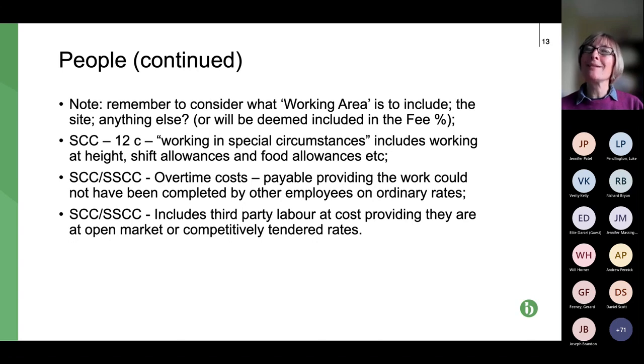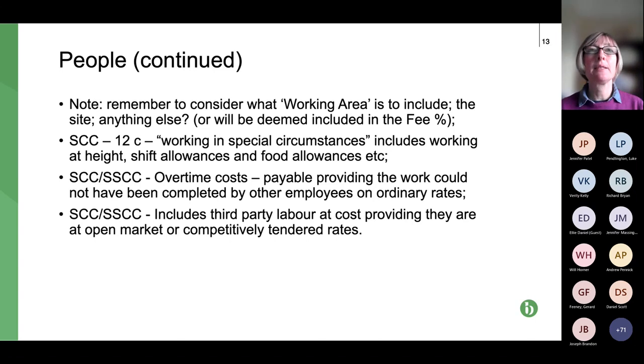So it's designed to ensure that the contractor, subcontractor is working in a reasonable way, but also in a very cost efficient way. And it also both includes third-party labour cost, providing it's costed at either open market or competitively tendered rates.